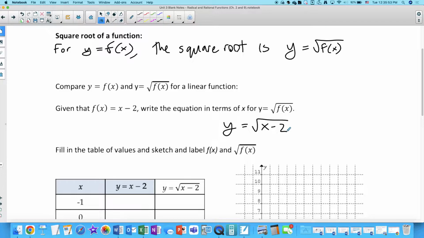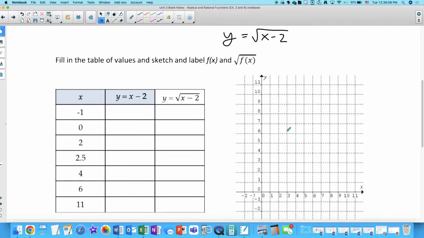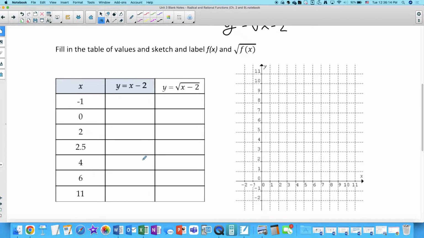Okay? But what we're going to do today is work from the place of a table of values. Because our starting point, when we talk about the square root of a function, is the original function. So let's make a table of values for this original function, y equals x minus 2. If x is negative 1, y will be negative 1 minus 2, which is negative 3.